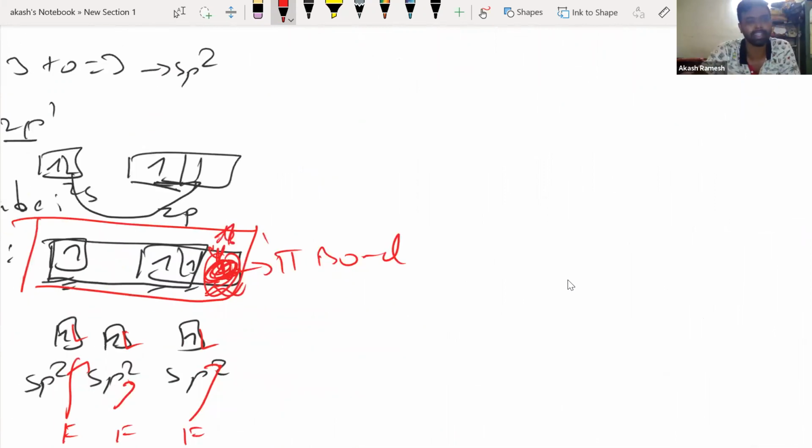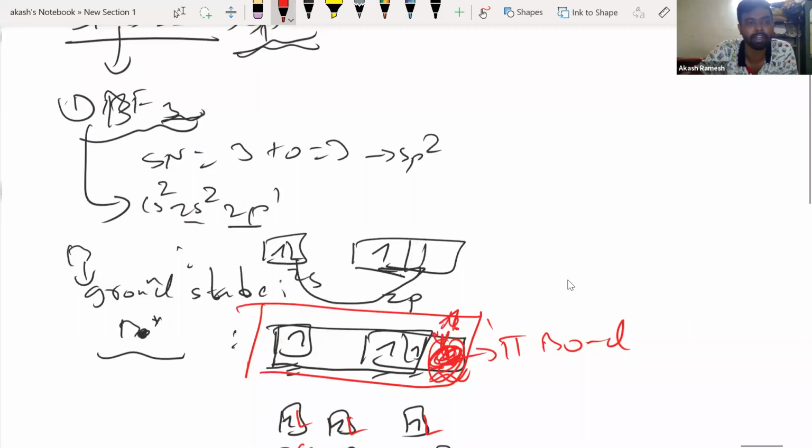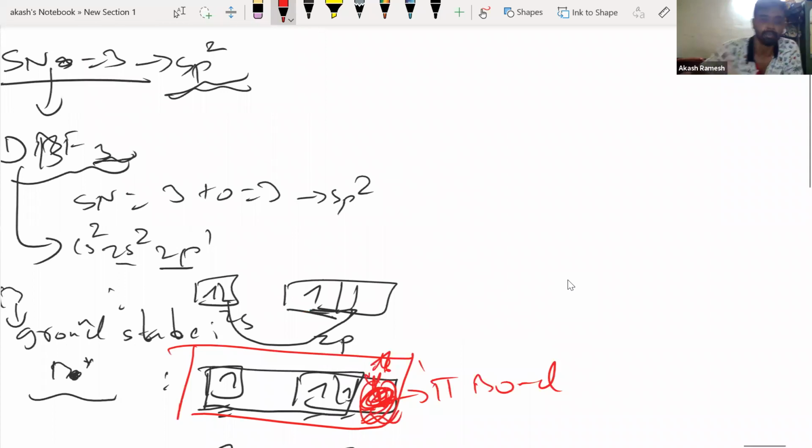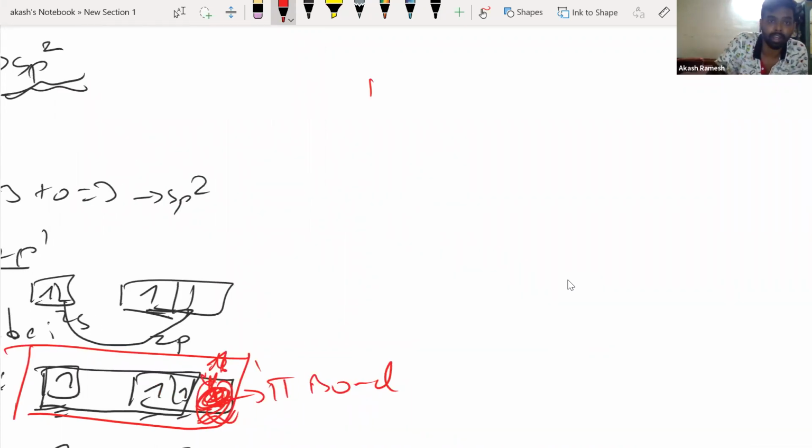Now let me take a case where I have a pi bond. Let me take NO2 minus.